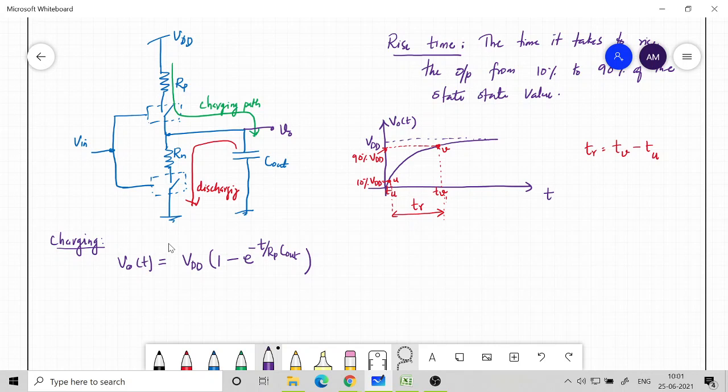Okay, so if you look at t equal to infinity, what will happen? This term will go to 0, so you will get VDD, and at time t equal to 0, it is 0.